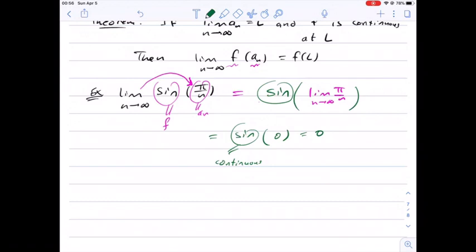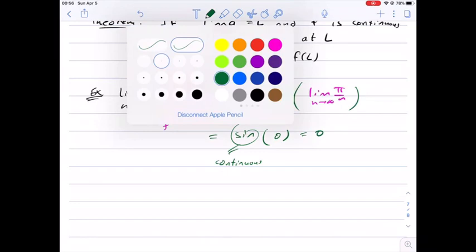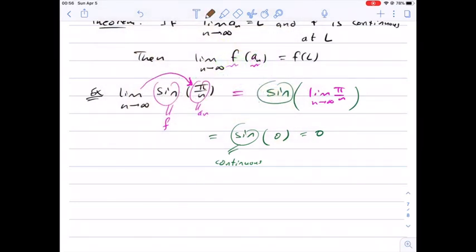Okay, so the last thing, just a note: not every monotone sequence is convergent. By monotone sequence we mean an increasing sequence or a decreasing sequence.